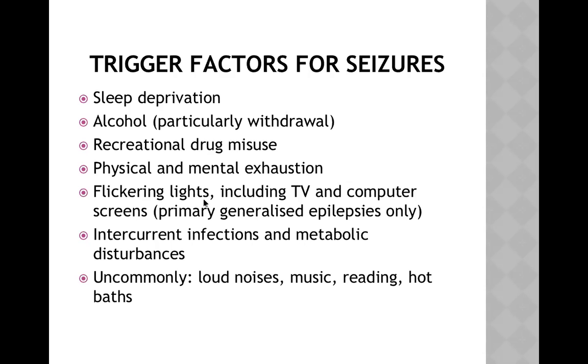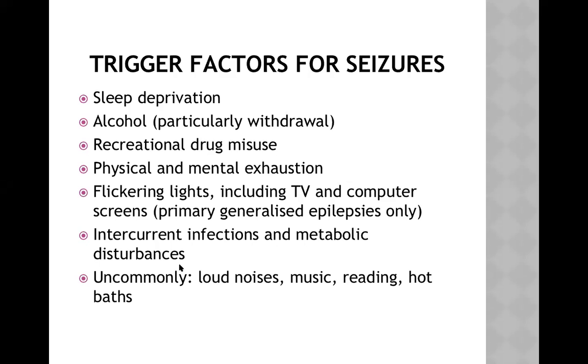Intercurrent infection and metabolic disturbances are some other important trigger factors. Any infection in the body, any viral, bacterial or fungal or any other, can trigger seizure attack. And some metabolic disturbances like hyponatremia, hypoglycemia, hypoxia itself can easily cause seizure.